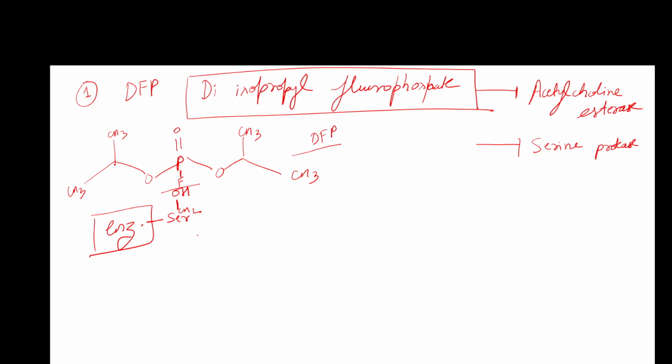This fluorophosphate group can react with the catalytic or active amino acid present in the active site or responsible for the catalytic activity, and thus it binds to the enzyme in an irreversible manner.